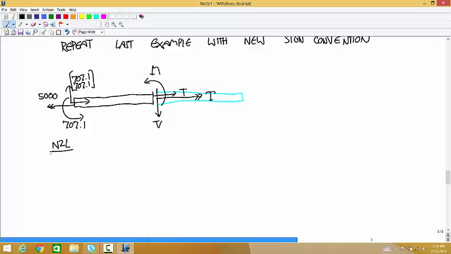So Newton's second law says 707.1, 707.1 plus. So now the only other two forces are the T and the V.